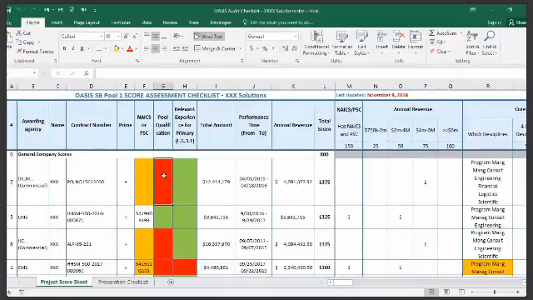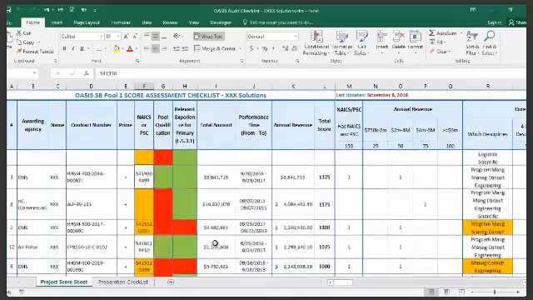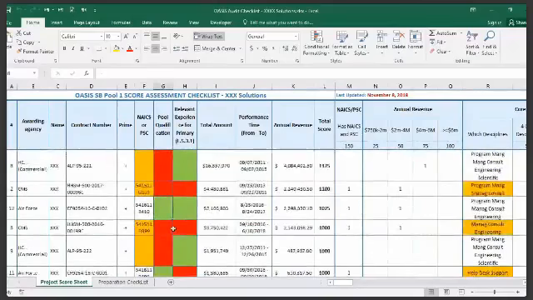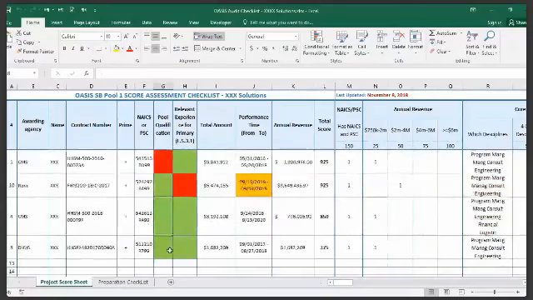The one below it is green, so I can use it because it has the proper NAICS code and it has the other requirements that the government is looking for. And if you look at the rest, all of them tell me whether each of them can be used as a pool qualification. This one can be, and all these can be used. And the red ones can't be used.